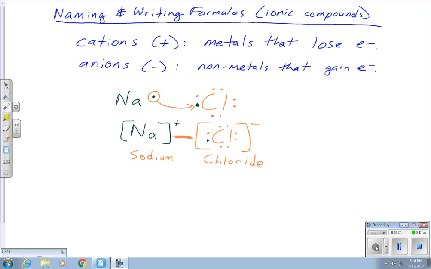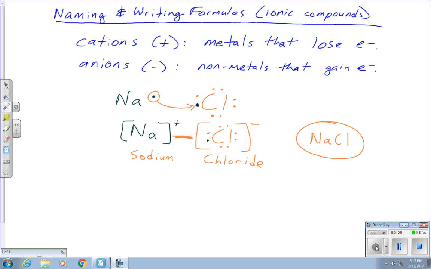So because sodium is a positive one and chloride is a negative one, it just takes one of each to balance each other out, and we end up with a formula that reflects that, one sodium, one chloride. If we only need one of a certain ion, then we don't need to bother writing a 1 down.